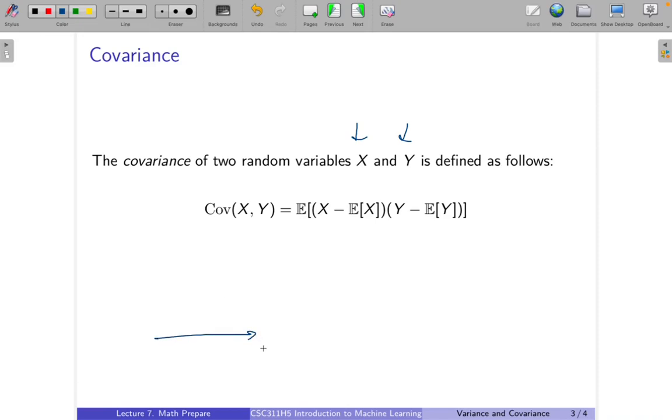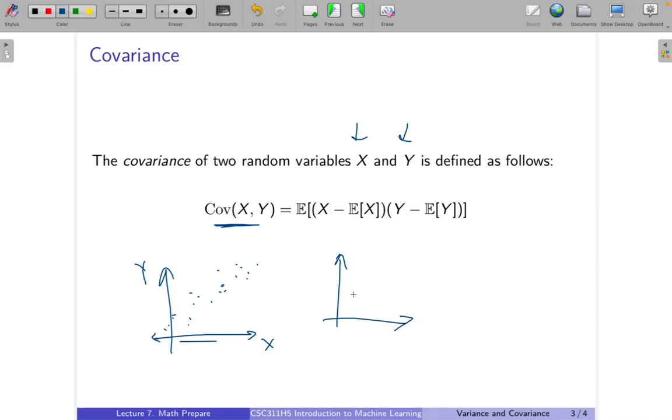So if this is the range of values that x could take, and this is the range of values that y could take, and I sample from their joint distribution and get something like this, where the value of x tends to be high when the value of y is also high, then the covariance between these two variables is going to be large and positive, so closer to 1 and positive.